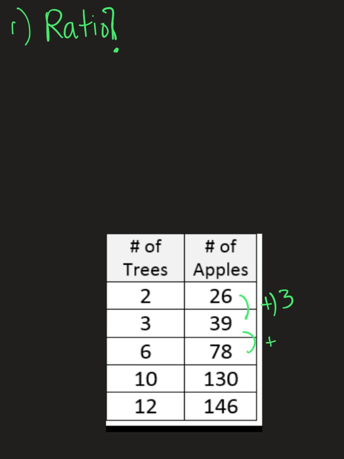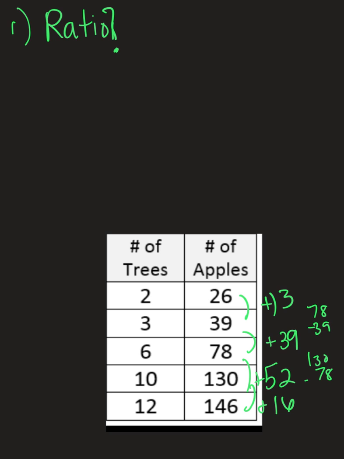That answer is plus 39. 78 to 130, I'm going to check in the calculator by subtracting 130 minus 78, and so on and so forth, okay? We have plus 52. And, of course, 130 to 146, which is plus 16, okay?